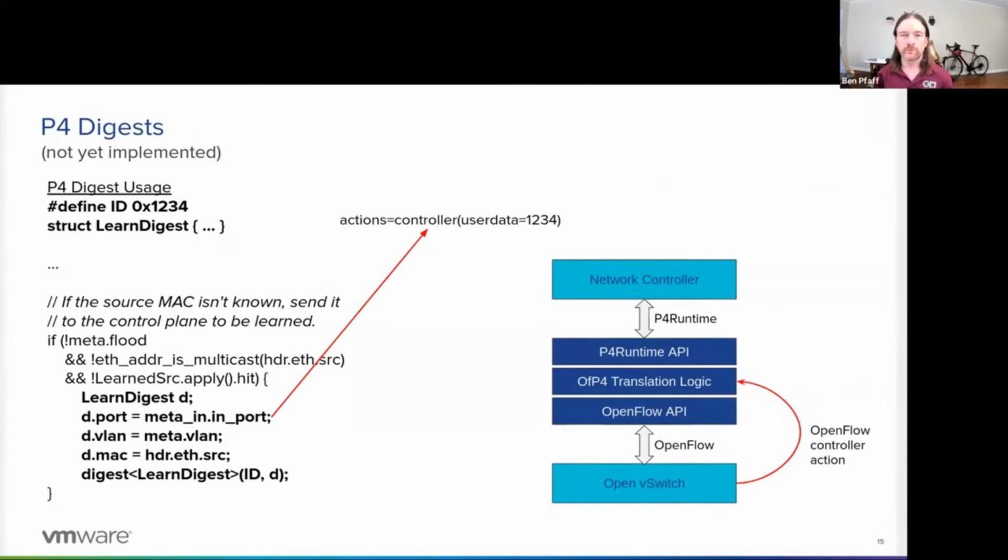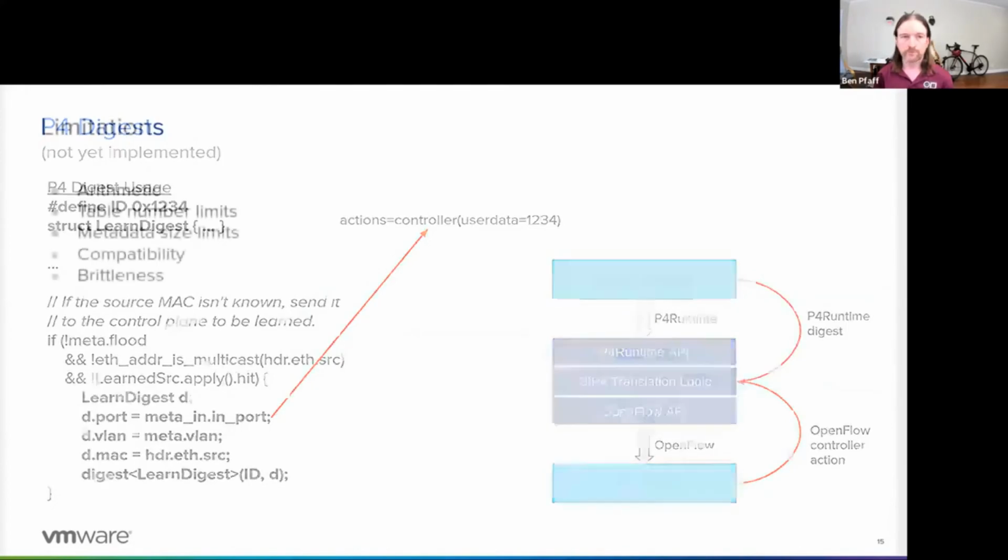Then, OFP4 takes the packet and assembles the digest that the P4 program wants from the packet and the metadata associated with it. It might seem like it needs more information to produce the digest. I think it can do it because the OpenFlow metadata includes all the state of the executing program. OFP4 then, finally, sends the digest to the P4 runtime network controller, and we're done.